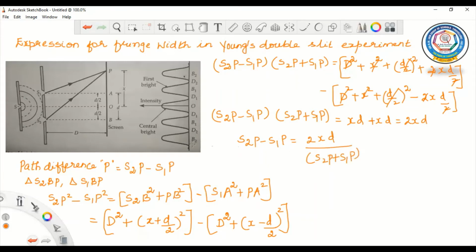Actually, in practice, this point P lies very close to O. So this consideration is very important here, children.